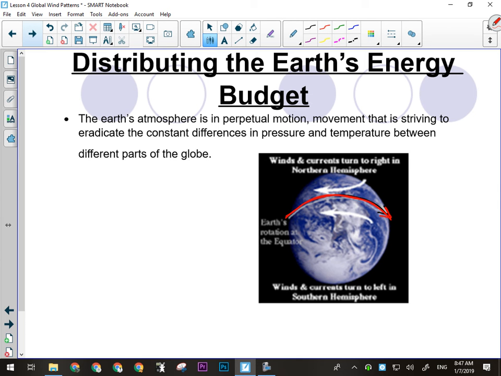We don't notice that so much because the atmosphere is moving a bit as well. It's not like sticking your head out a window of a moving car. It's not that fast. But we are moving through the Earth's atmosphere all the time due to the fact that the Earth is rotating, and that causes the directional wind patterns that we're going to talk about.